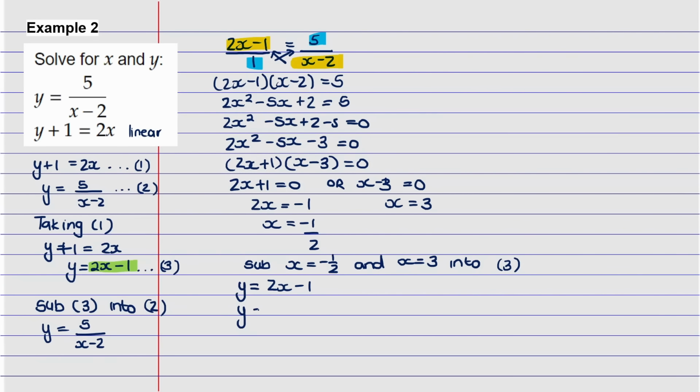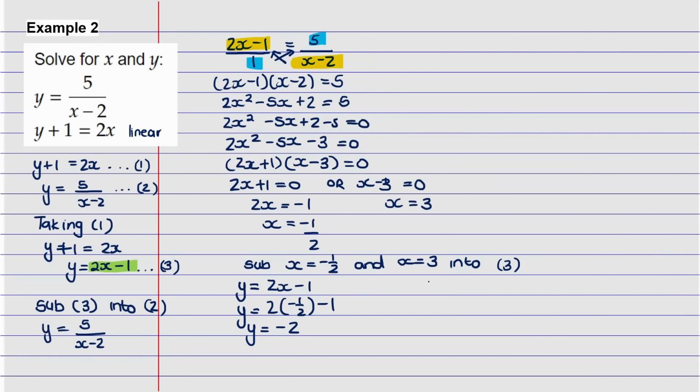So y equals 2 times negative a half minus 1. 2 multiplied by negative a half, minus 1, gives you negative 2. So therefore y here equals negative 2.